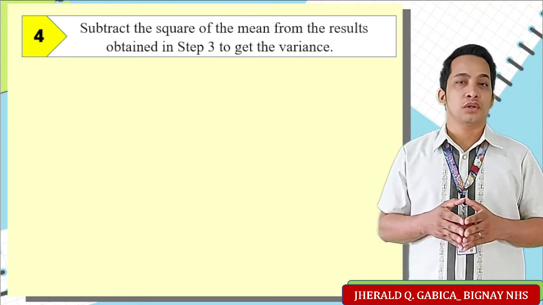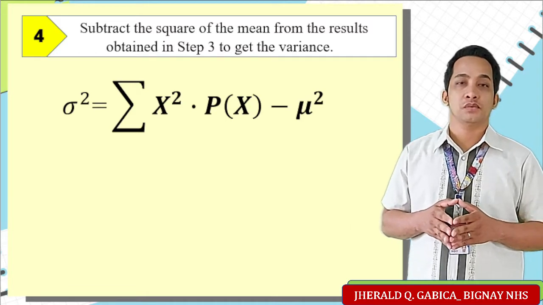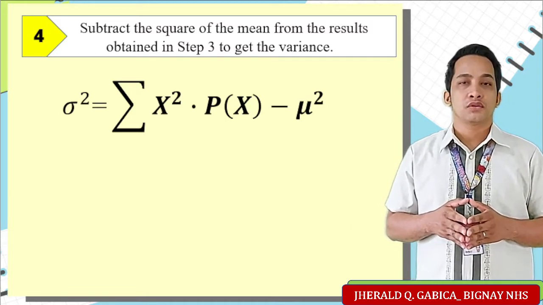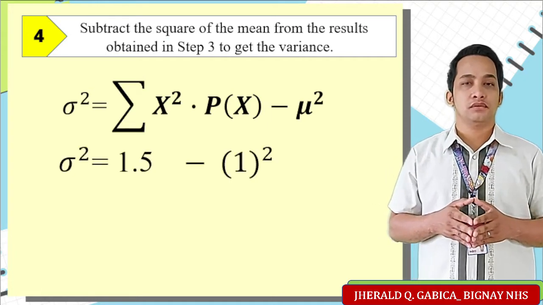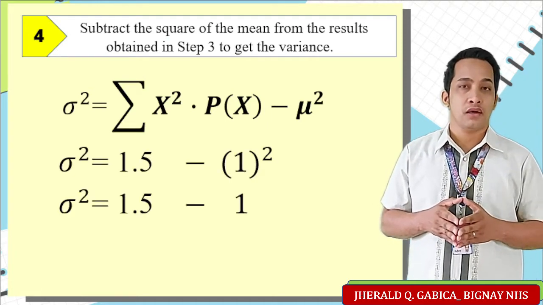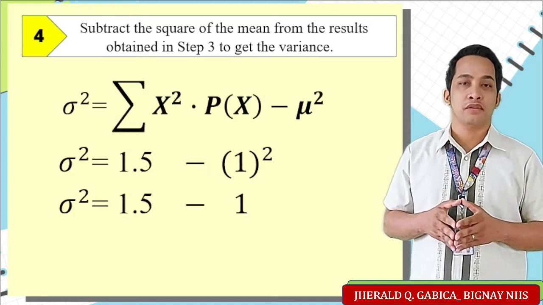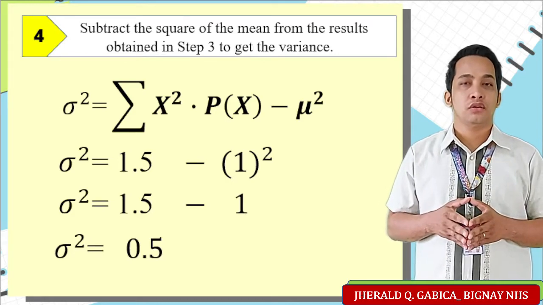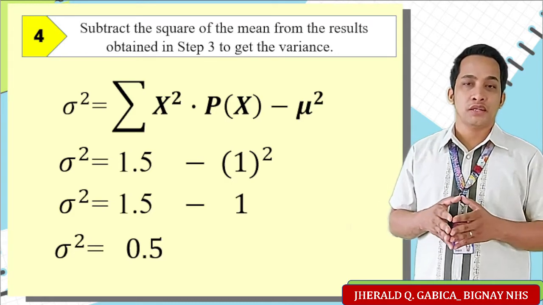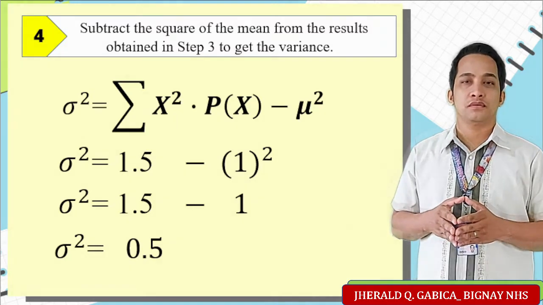So variance is equal to summation of x squared times p of x minus mean squared. So the variance is equal to 1.5 minus 1 squared, that is 1.5 minus 1. So our variance is 0.5. So using the alternative solution, we solve for the variance, the same as our first example.